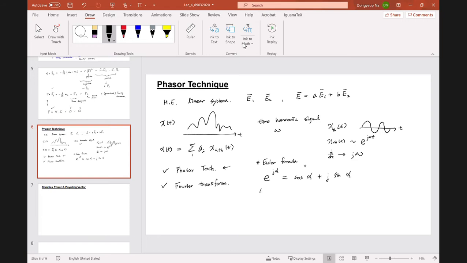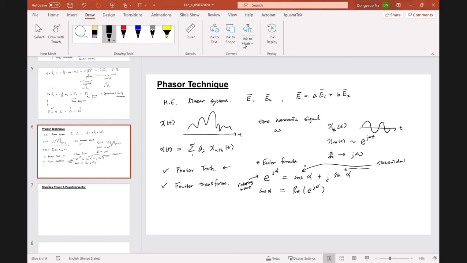In order to get the cosine alpha, we can take just the real part of exponential j alpha. People usually call the cosine or sine term a sinusoidal function, and the left-hand side is often called the rotating wave.